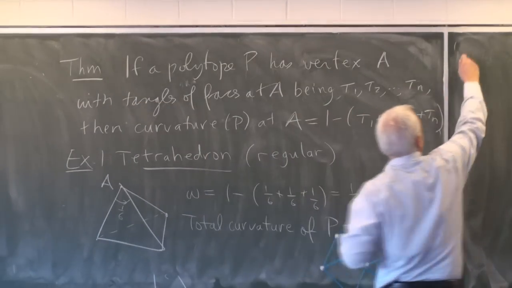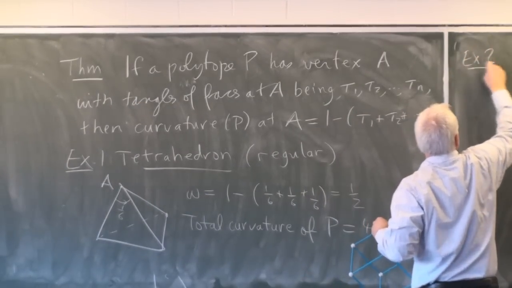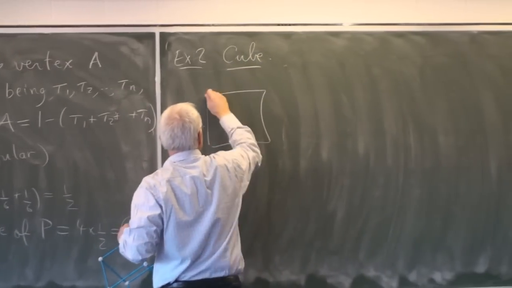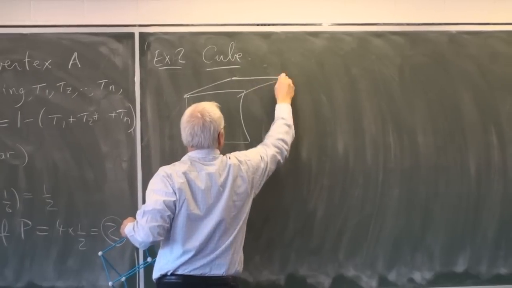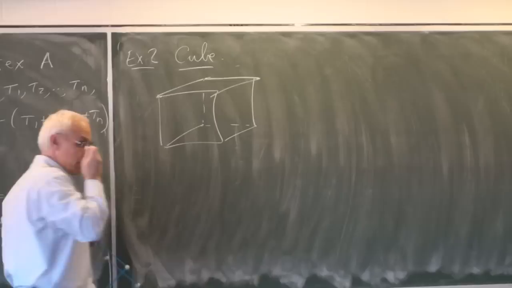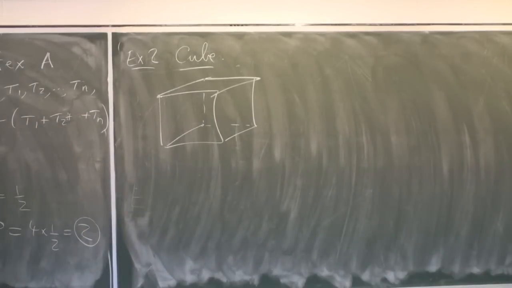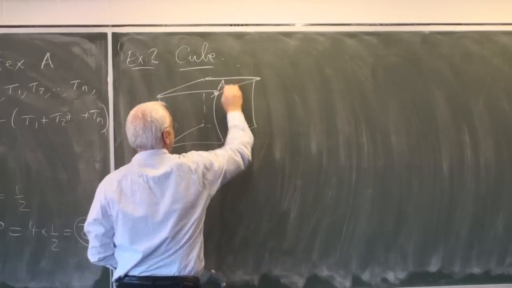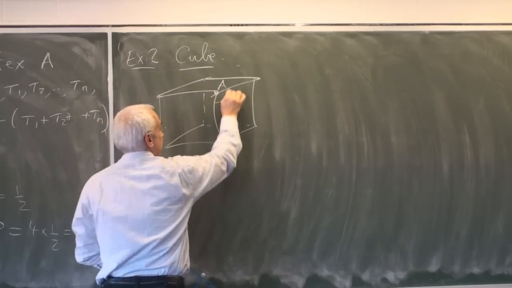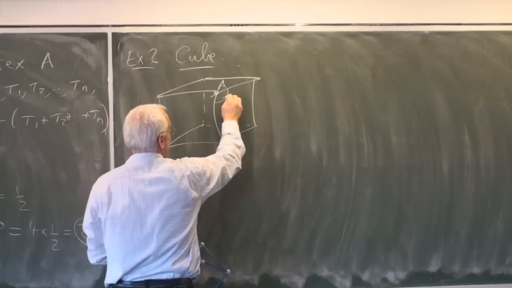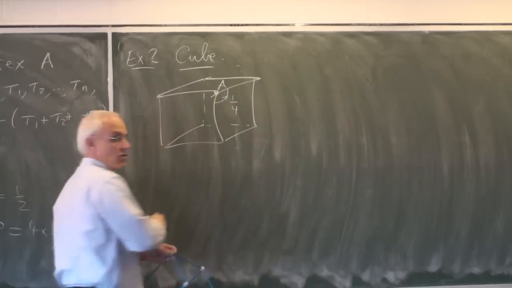Example number 2, the cube. So now if we pick a vertex, then each face at that vertex is a right angle, so a quarter turn.